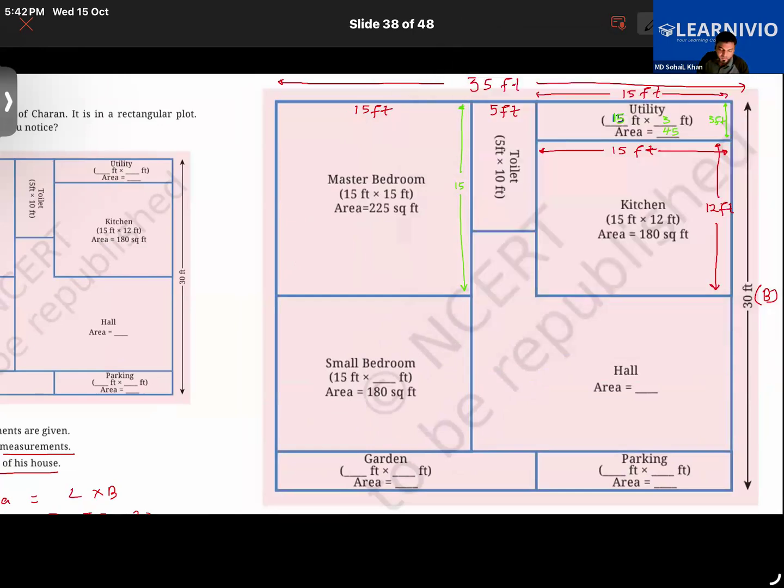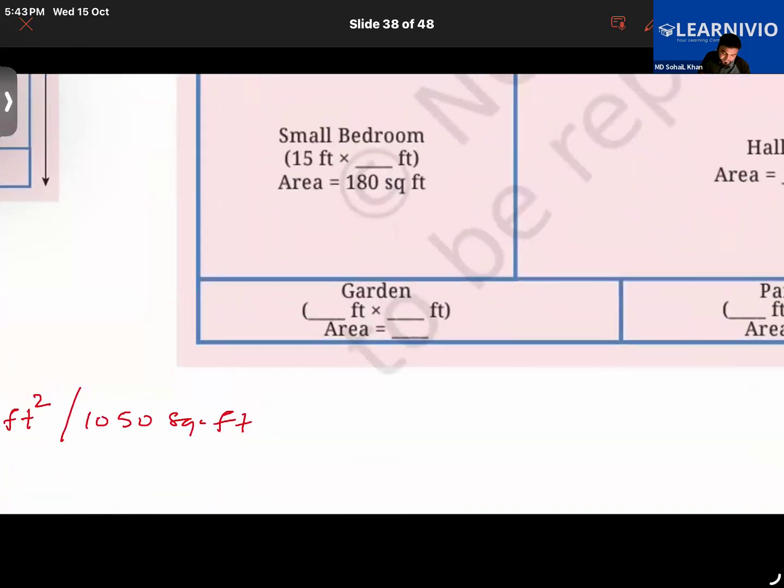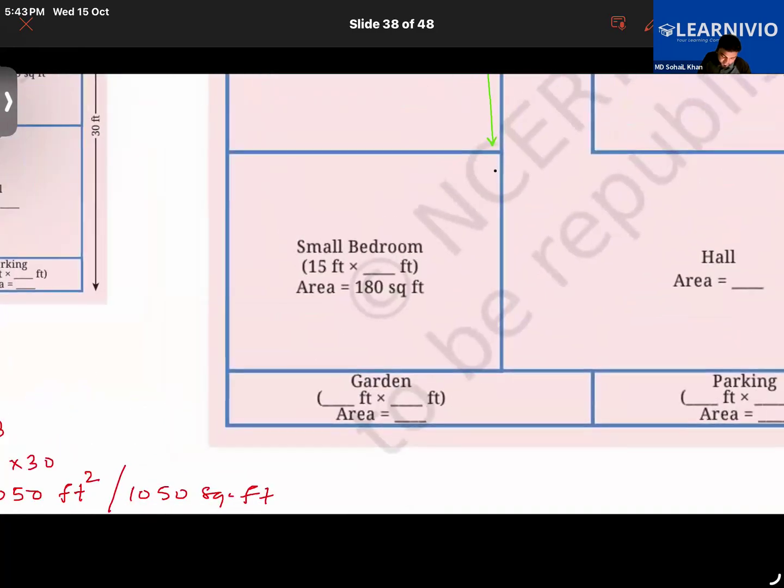Okay, now let's move to this small bedroom over here, whose length is given and breadth is not given here. But we see the area is also given, right? So for this small bedroom, we know that area is equal to length into breadth.